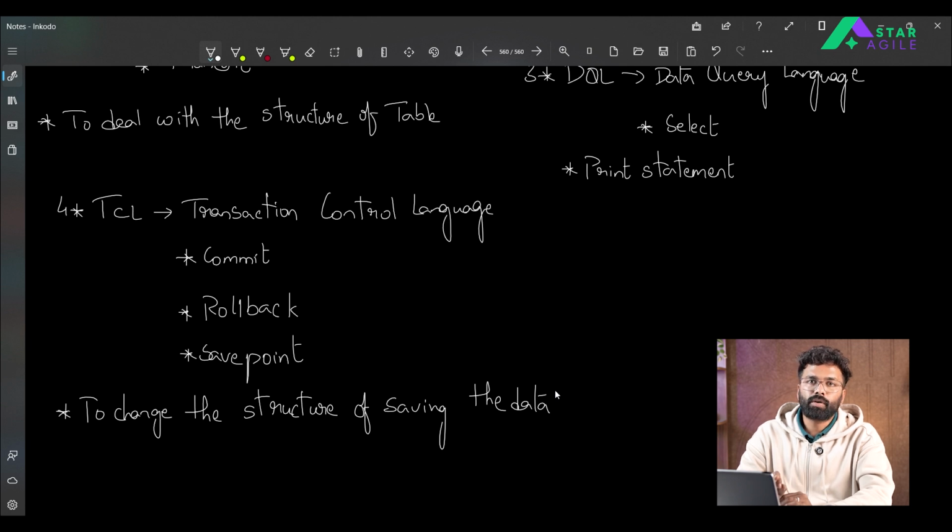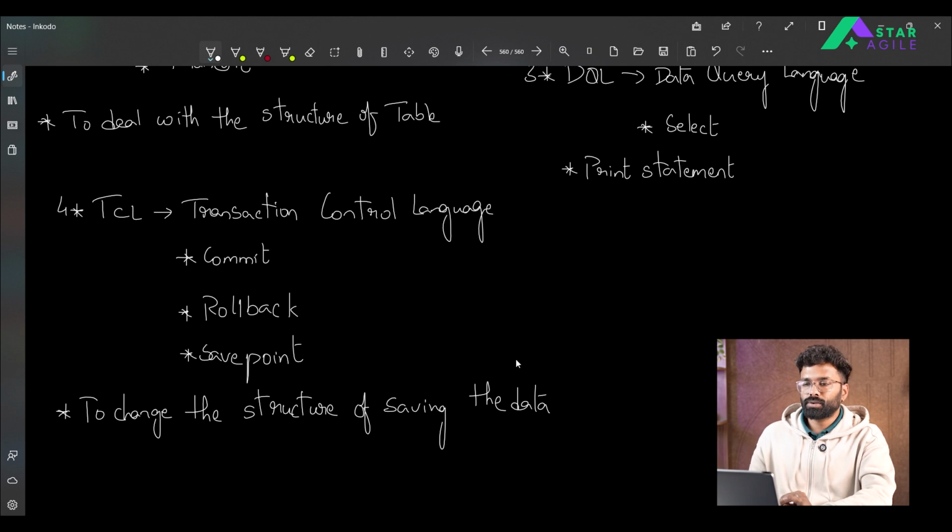So once you write a command to delete from a table and you delete the data from the table, you cannot retrieve it back again. But the way it is saved automatically, to change that, I can use these TCL commands, which are commit, rollback and savepoint.